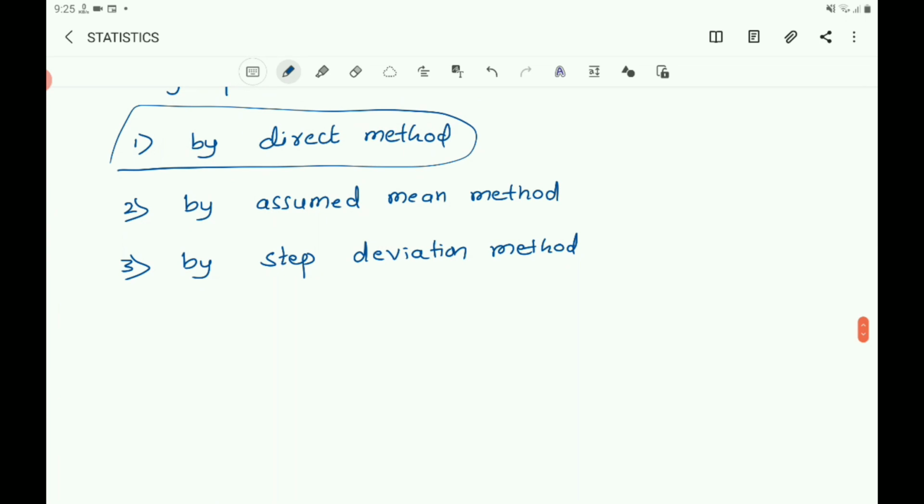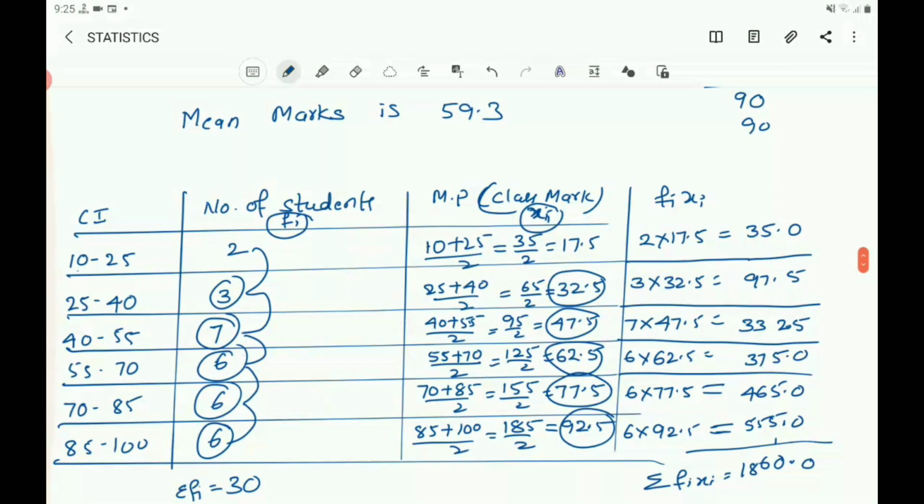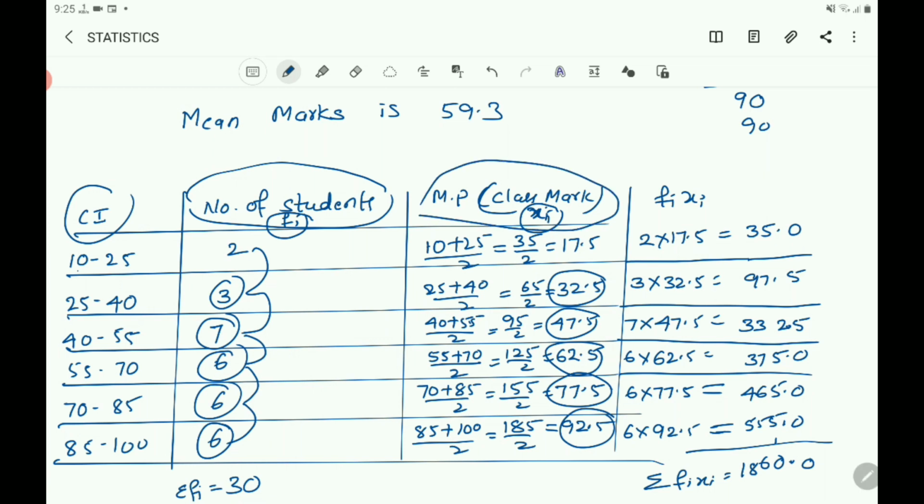Now in this direct method, the class intervals will be given and the number of observations, that is the frequencies, will be given. Next we have to find the midpoint, that is the class mark.